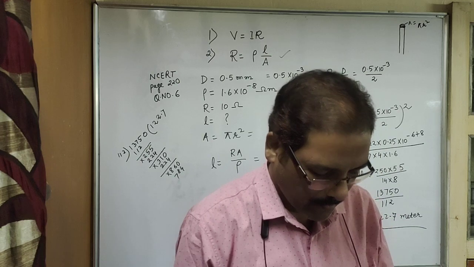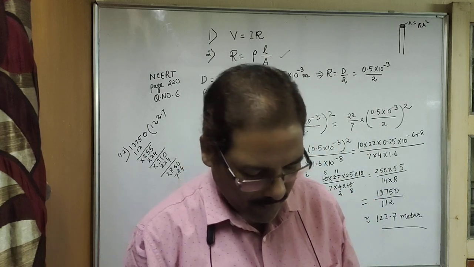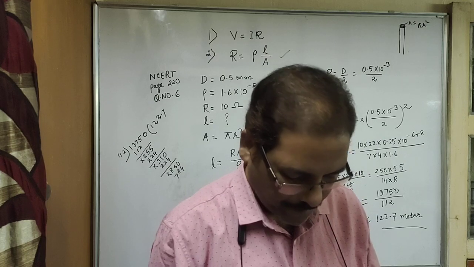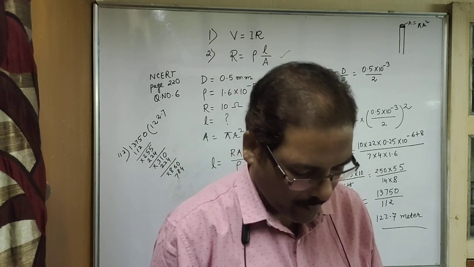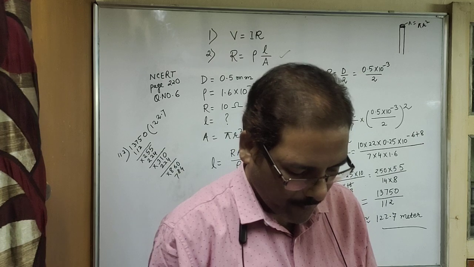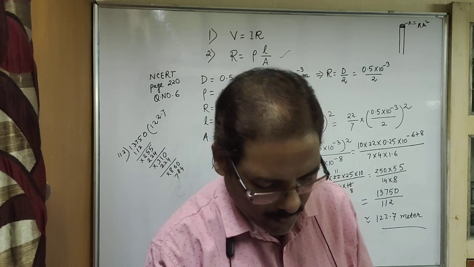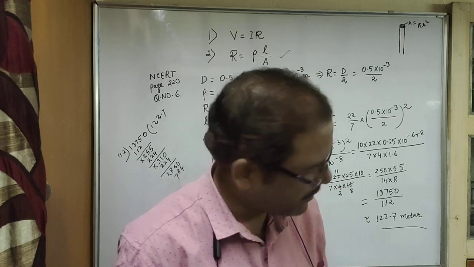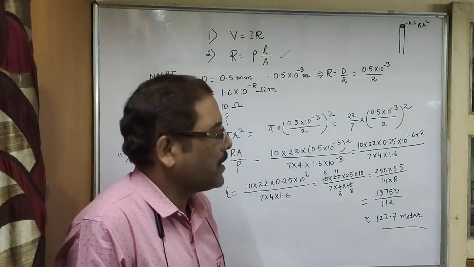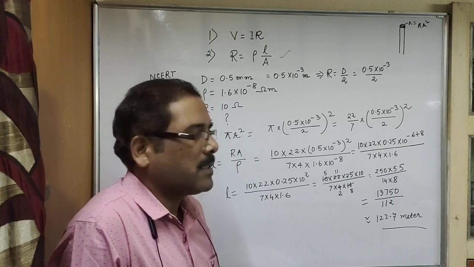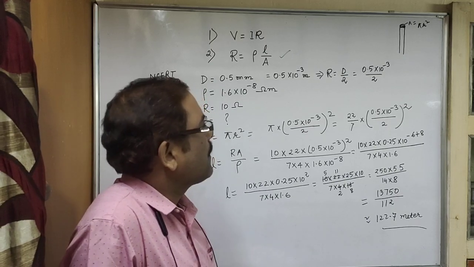You can check it. Answers are given at the back for chapter and exercises. And this is chapter 12 and question number 6. So it is 122.7 meter. So I think it is clear to you how to solve this type of numericals.